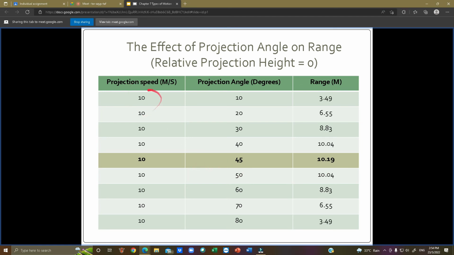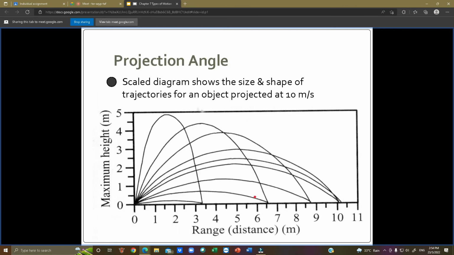If the projection speed is equal and we change the angle, 10 degree, kita akan dapat range 3.49. Same as 80 degree. Angle terlalu kecil, angle terlalu besar. This one. Ni. 10 degree. Okay, the first one. Yang paling besar sekali ni, 80 degree. It serve the same range.